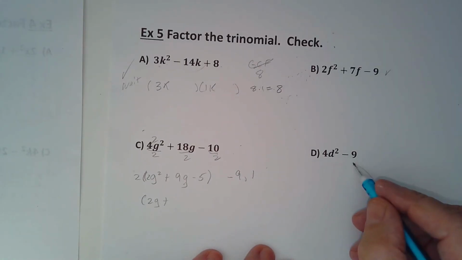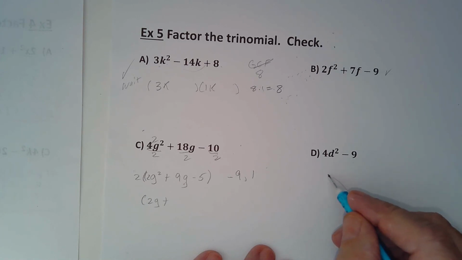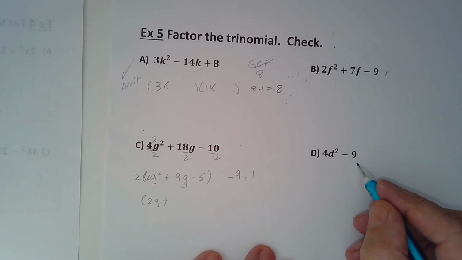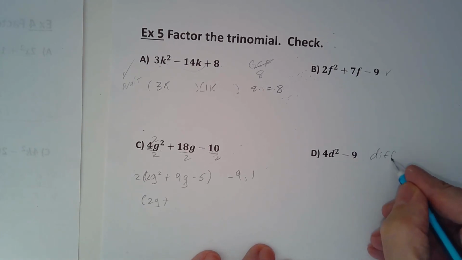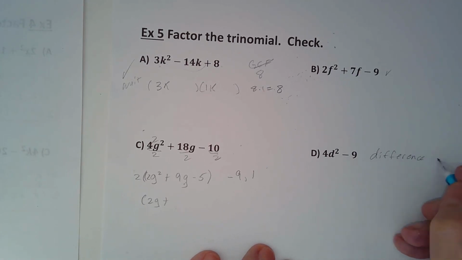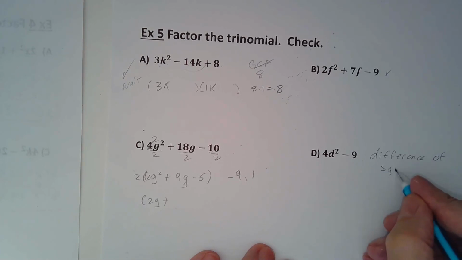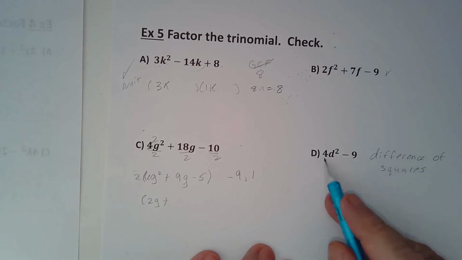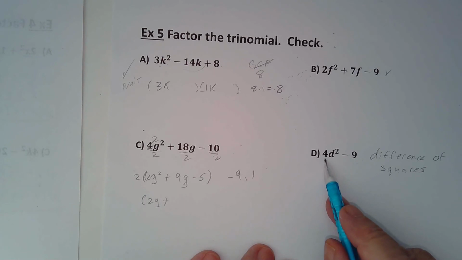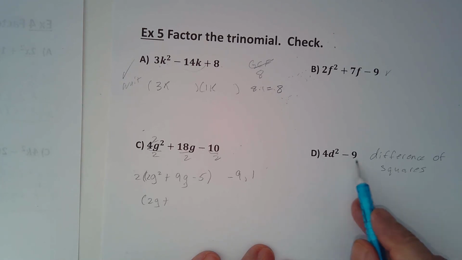This is what we call the difference of squares. Everything is squared here, so you've got these two terms, and everything's squared. 4, you can take the square root of 4: 2 times 2 is 4. You can take the square root of d squared, that's d, and you can take the square root of 9, that's 3.